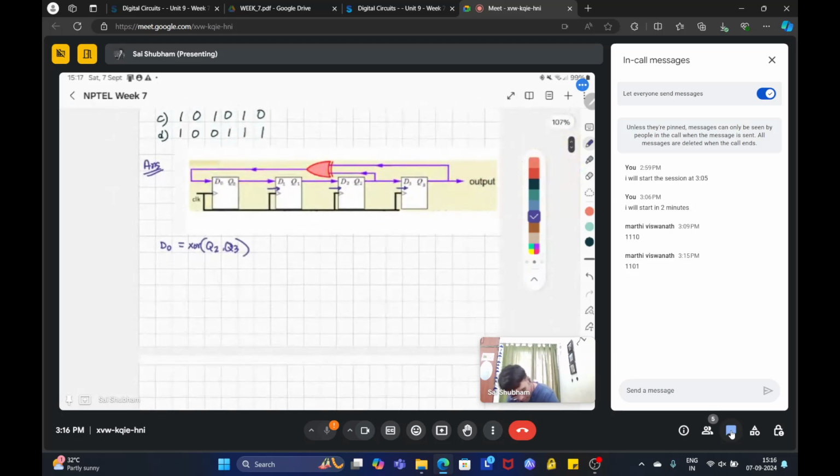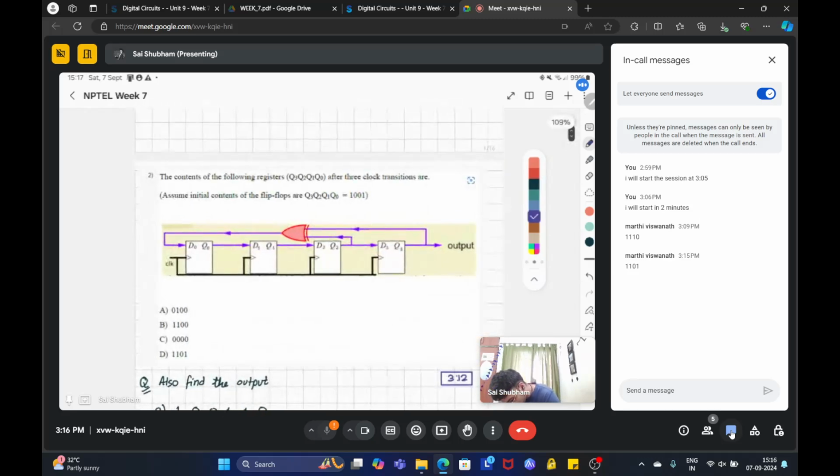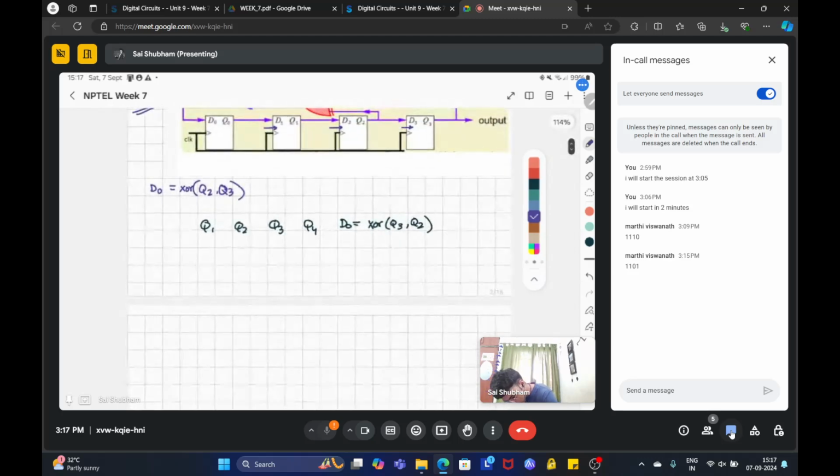So we will write Q0, Q1, Q2, Q3, and D0, which is basically XOR of Q3 and Q2. The initial conditions are given as 1 0 0 1.